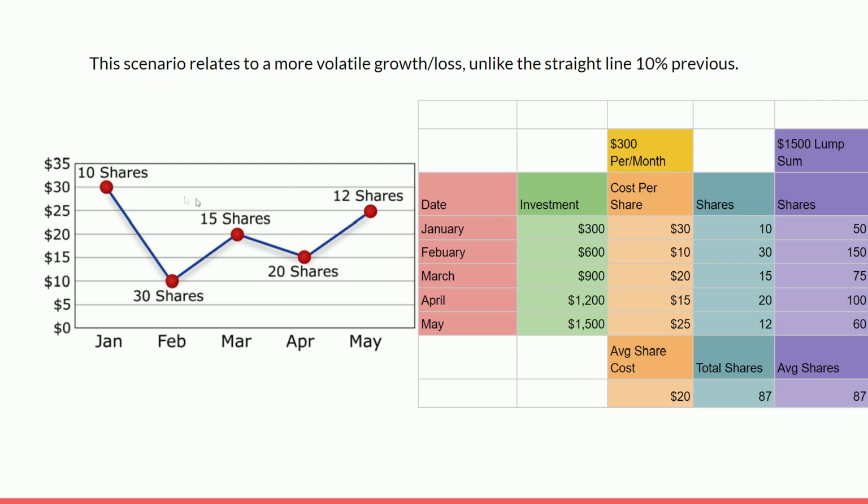In this scenario, the shares are at different prices, going up, down, all over the place. So here, where you're investing 300, it'll cost a different amount each time, and so on.